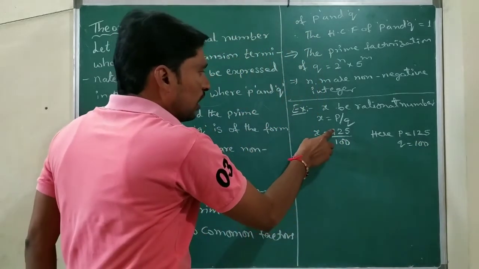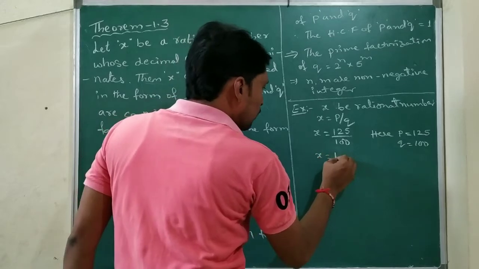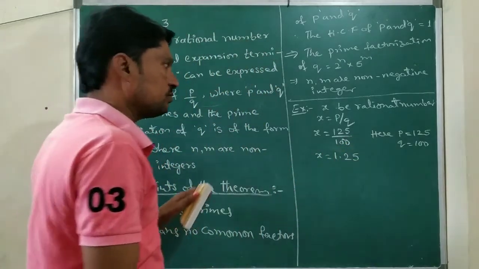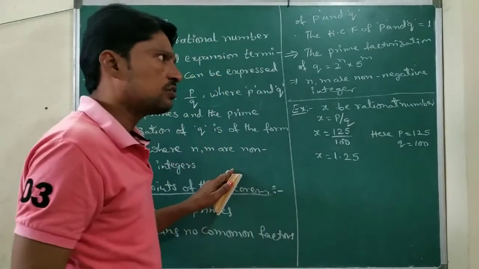So now 125 by 100 is nothing but 1.25. Is 1.25 terminating or not? It is terminating.